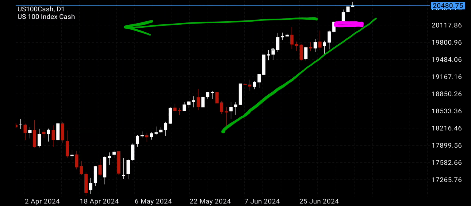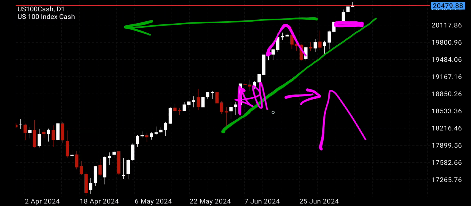And we can see this is around the old area of resistance, or an old swing high. Remember, at some point this swing high was the highest point that the price had ever reached. But then, when the price did this, you're like, okay, maybe the sellers are trying to come in and create something so that they can protect and then push the price down.